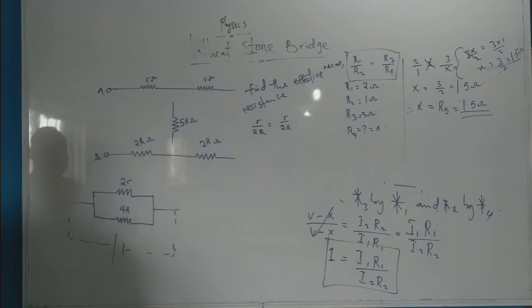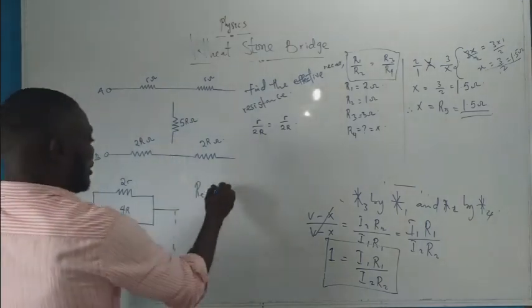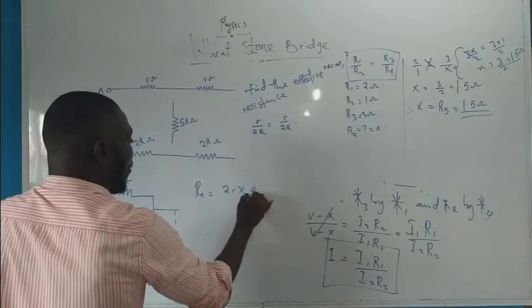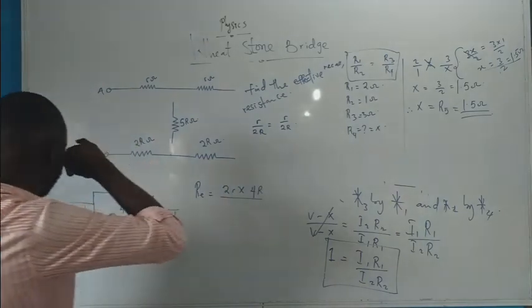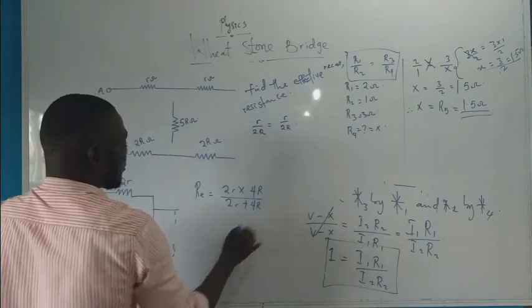This is a parallel connection. So what will be R effective? R effective will be 2R times 4R over 2R plus 4R.